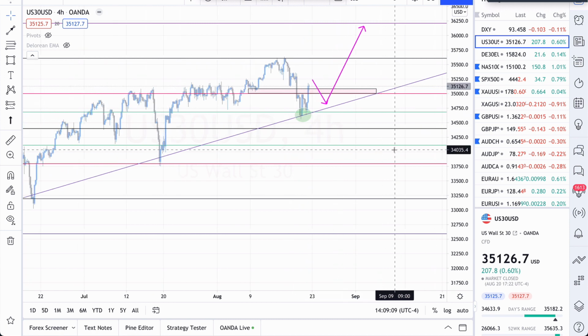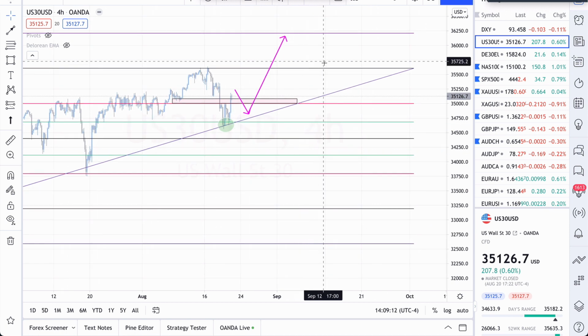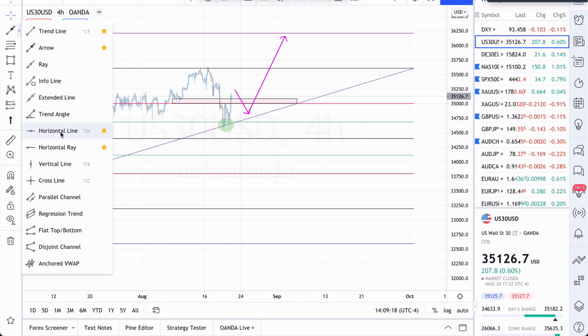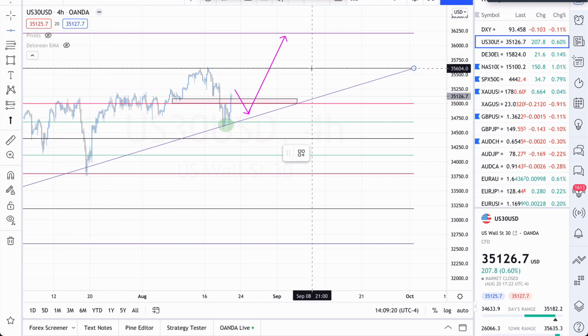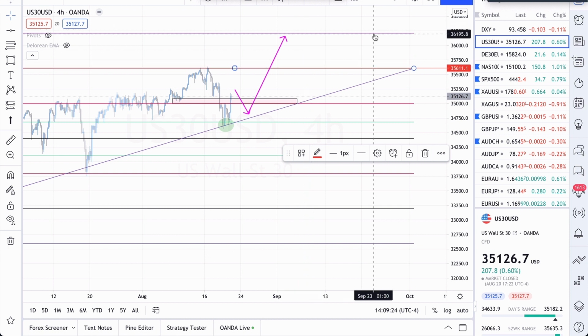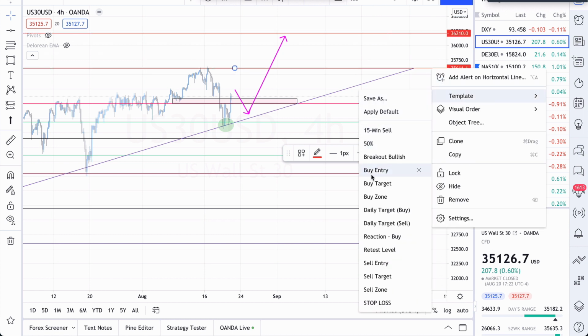So my anticipated targets, if it pushes up, are my Fibonacci levels, which again, you'll have a better understanding of after today. So these are my potential targets on a buy.